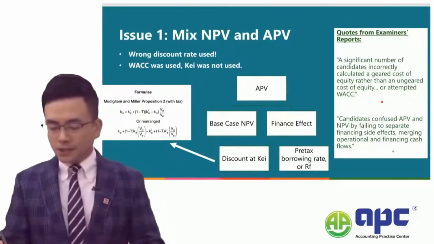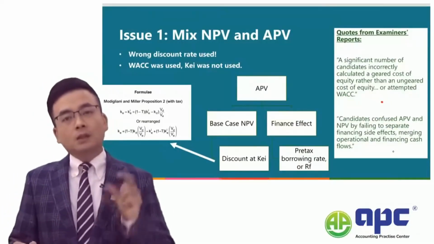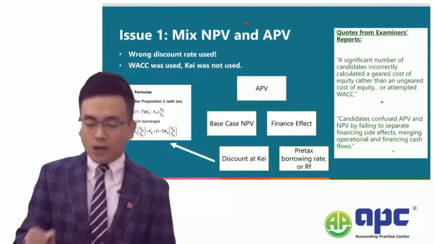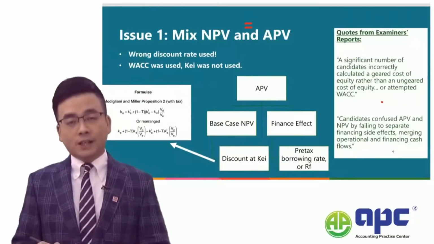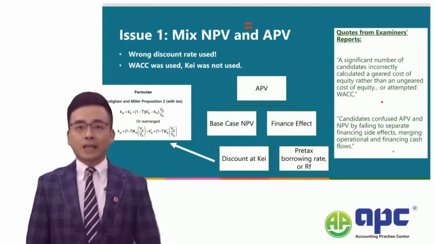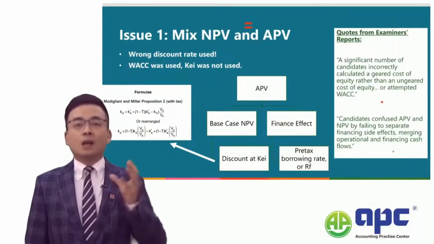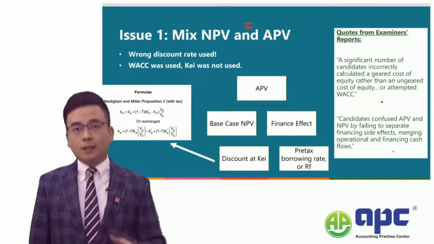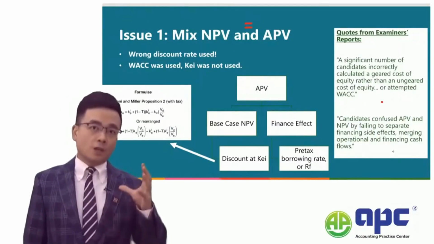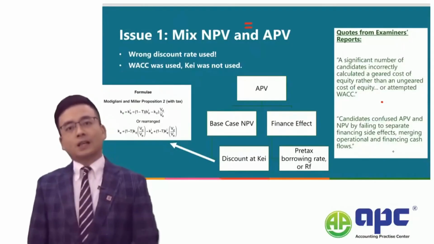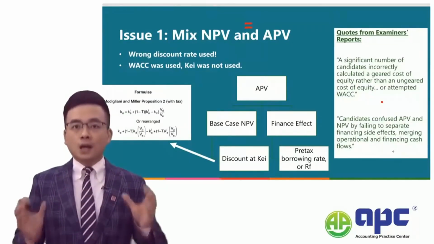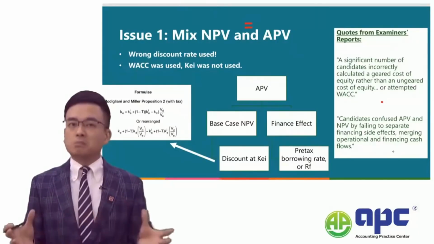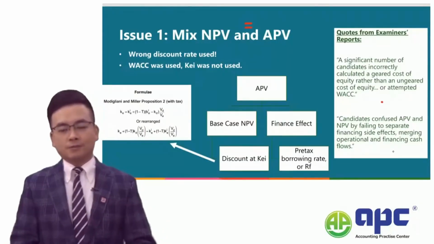The examining team said that for issue number 1, a lot of students simply treated NPV as equal to APV, but in fact it's not correct. We can see the hint from students' answers: if a student uses WACC to discount both the operating cash flows and the cash flows related to the finance part, they simply mistreat the NPV as equaling the APV method.